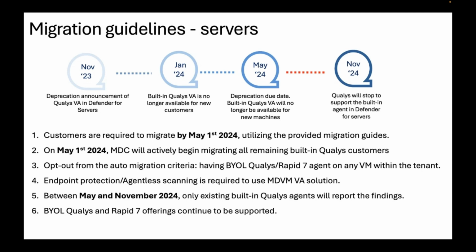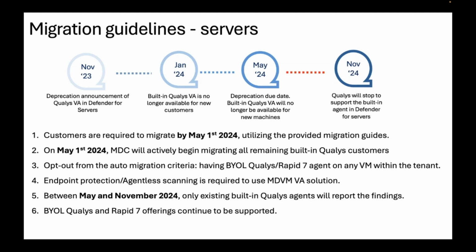Between May and November, existing Qualys agents will still report their findings. So that means that a machine that still has the Qualys vulnerability assessment extension deployed can be scanned by the Qualys solution and will report the findings to Defender for Cloud, but only until November, when we will also stop the integration with the existing machines.